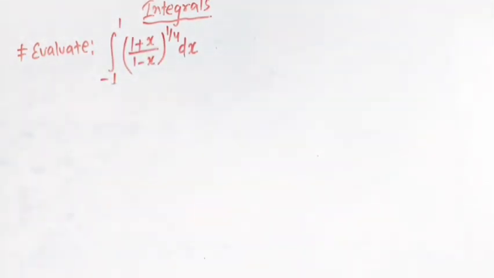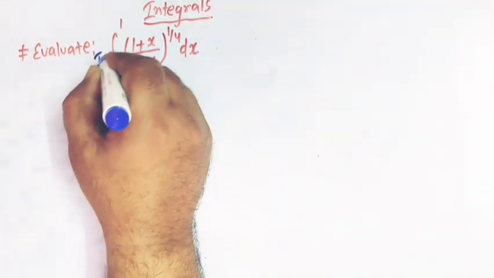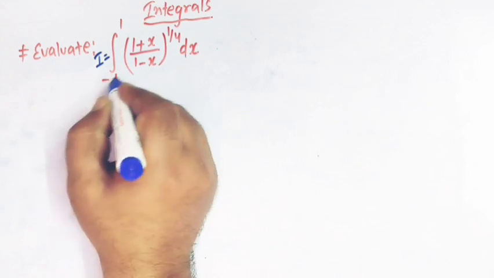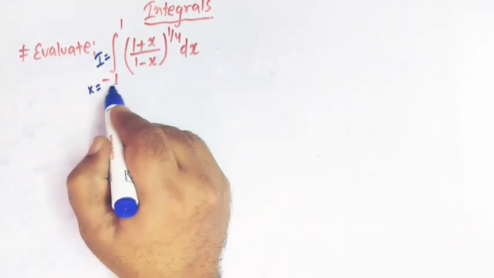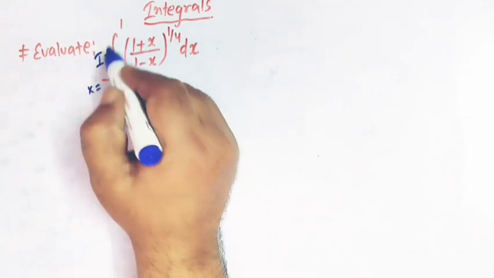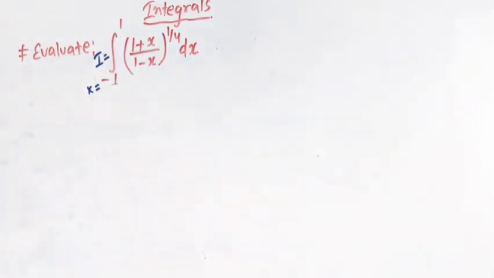So let us start. Let us call this integral I. Here the lower limit is -1 and the upper limit is 1, so the limits vary from -1 to 1.